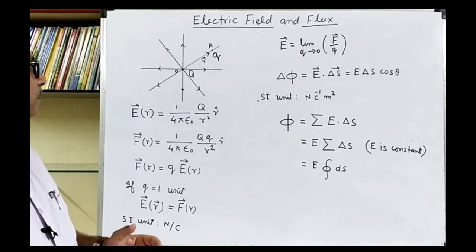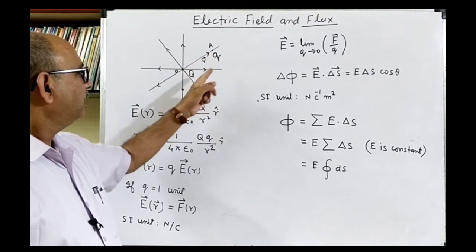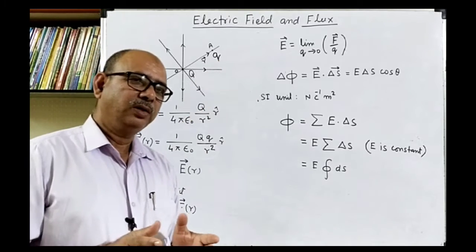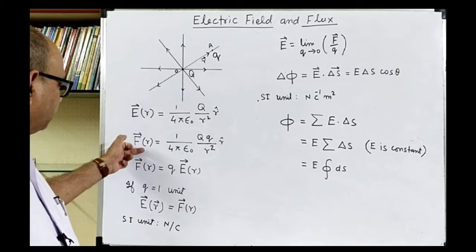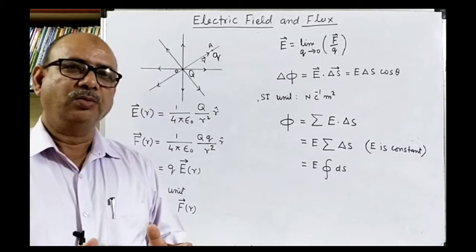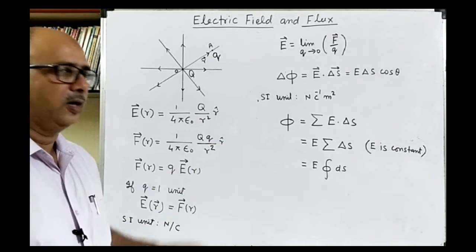Because of this electric field, when we place another charge small q at A, this will experience a force which is given by Coulomb's law. F is equal to 1 upon 4 pi epsilon naught, capital Q multiplied by small q divided by r square, unit vector r.